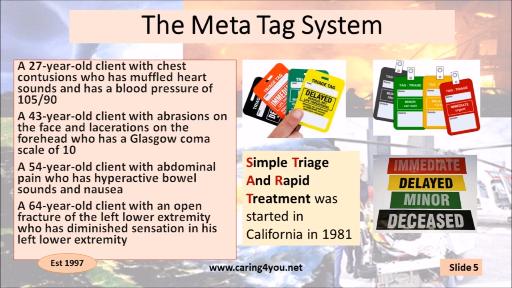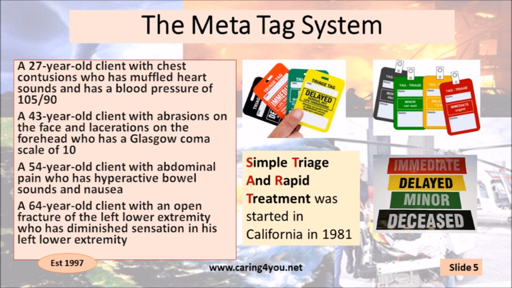Remember, the higher the score, the best response it is for the client. So the highest score is 15 on the Glasgow Coma scale. So this is a Glasgow Coma scale of 10. So they're kind of in the middle. So what color tag would we give them? Yellow. Okay.